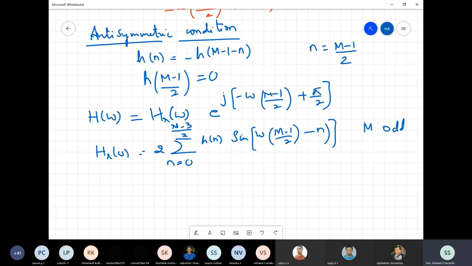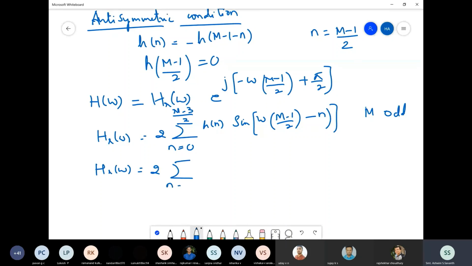Then for M even, H_R of omega will be 2 summation n = 0 to M by 2 minus 1, h of n sine of omega into ((M minus 1) by 2 minus n).